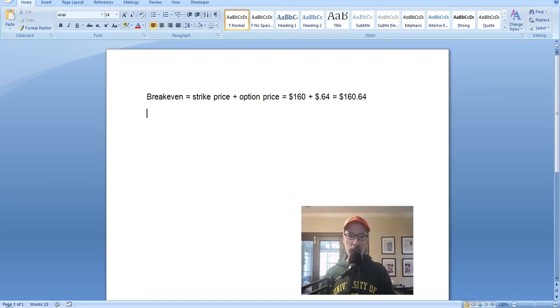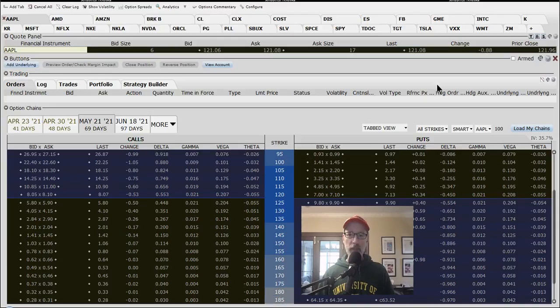Now, if we bought the 120 calls, break even would be 120 strike plus $8 per contract equals your break even is $128, right? If we go back to the option chain, with Apple at 121, all it has to do is get up to $128 a share just to break even.